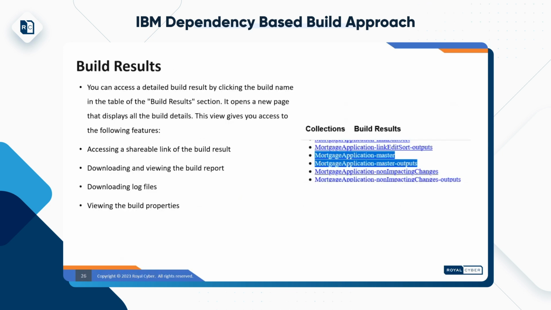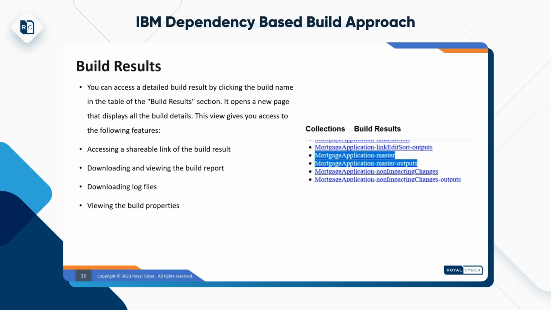And the build results page is how it will look, and you can get the detailed history and summary about your build results, and access it via this link. If you get into this link, you can also access the build report.